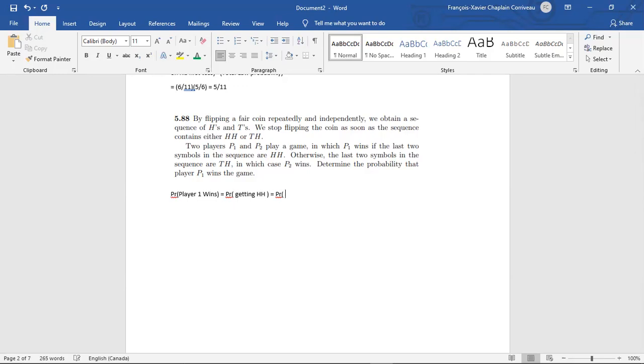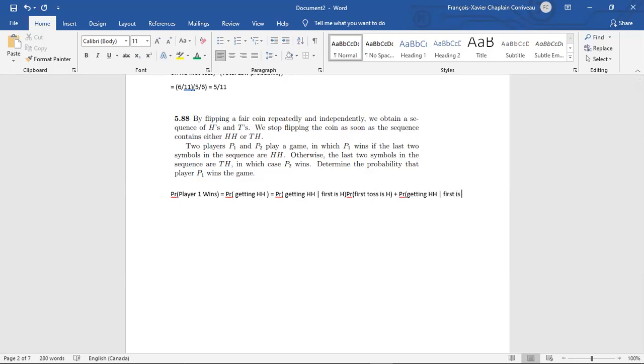The probability of getting head, given that the first toss is head, multiplied by the probability that the first toss is head, plus the probability of getting head, given that the first toss is tails, times the probability that the first toss is tails.